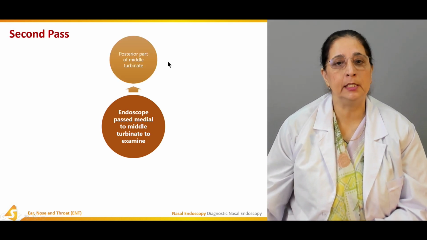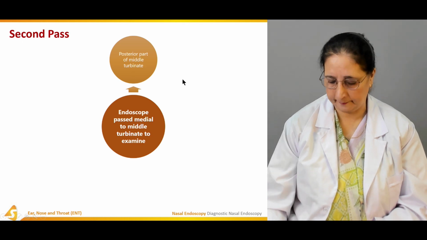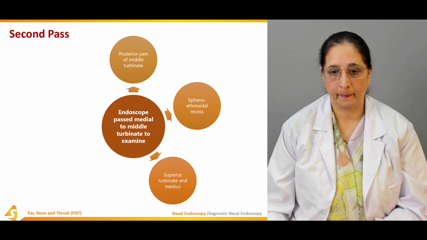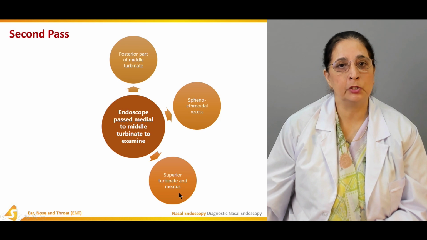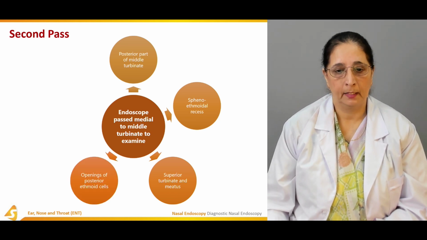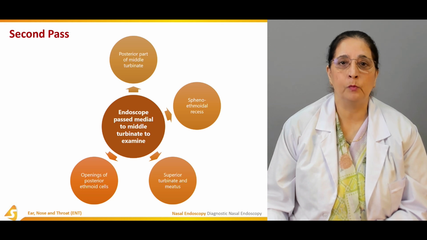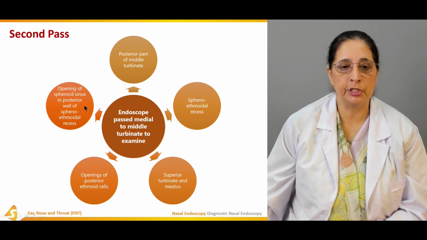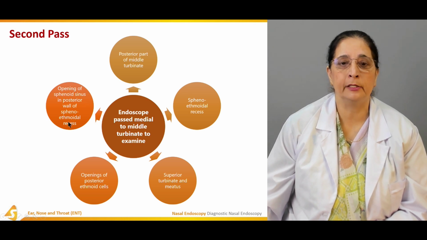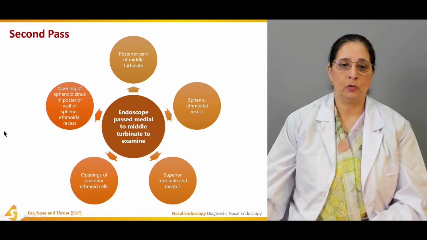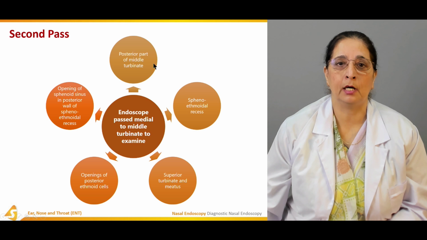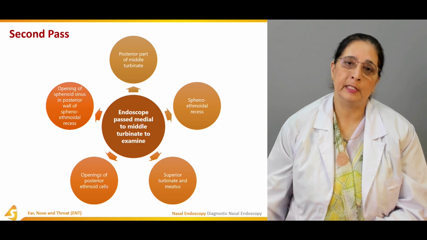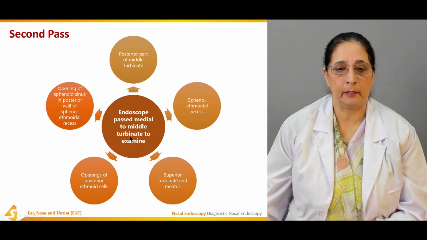To examine posterior part of middle turbinate, sphenoethmoidal recess, superior turbinate and superior meatus, opening of posterior ethmoid cells, opening of sphenoid sinus in posterior wall of sphenoethmoidal recess. So all these are the structures which are visualized in the second pass of the endoscope, which passed medial to the middle turbinate.